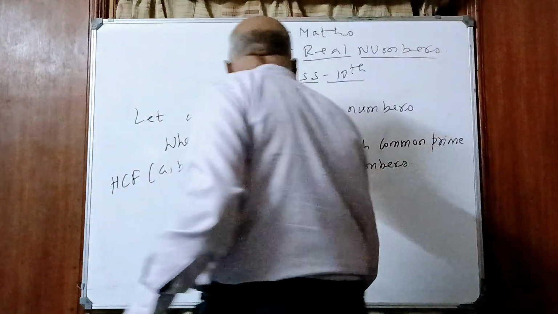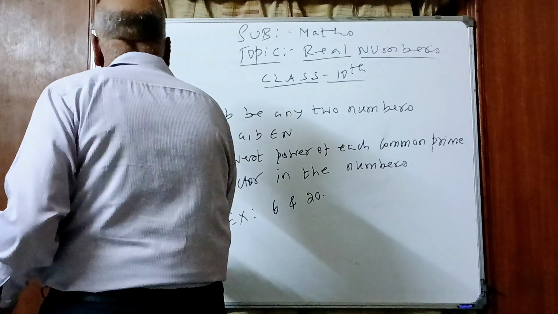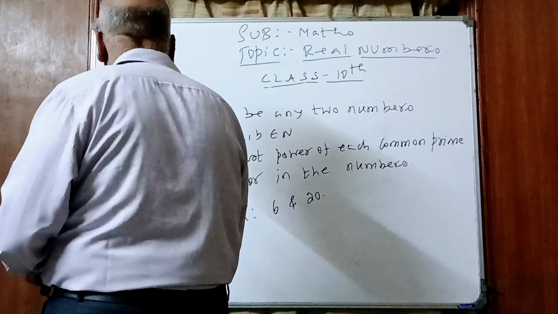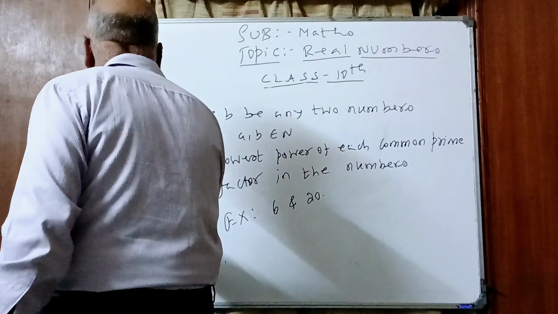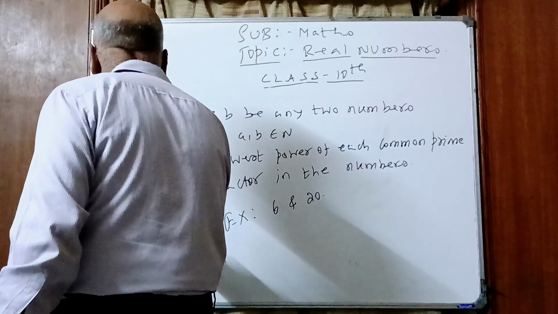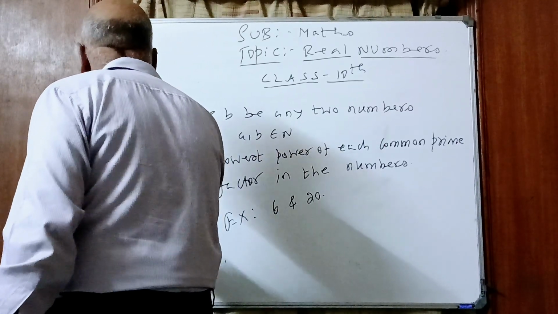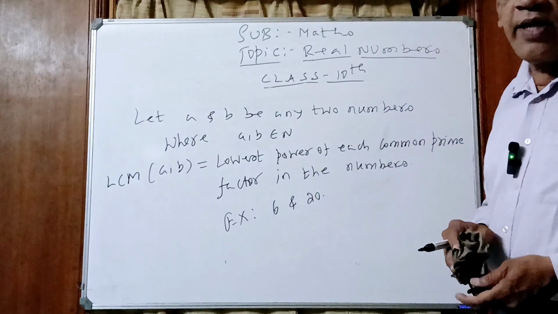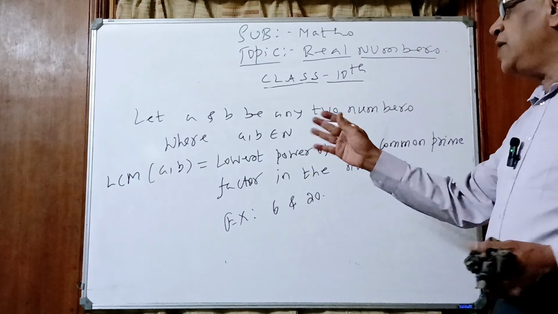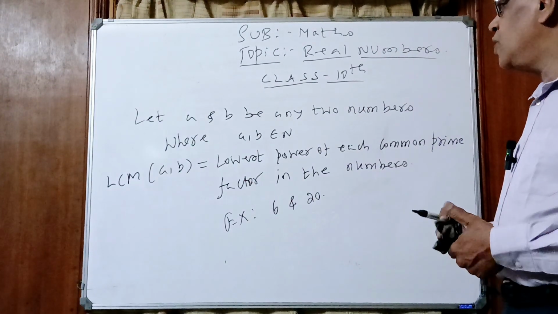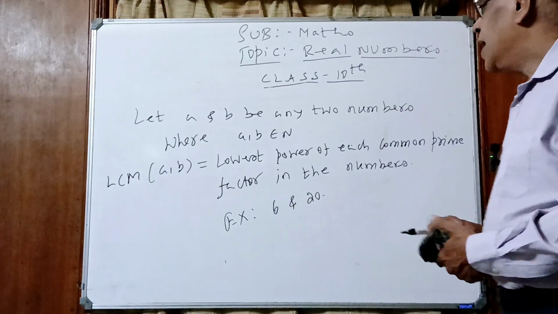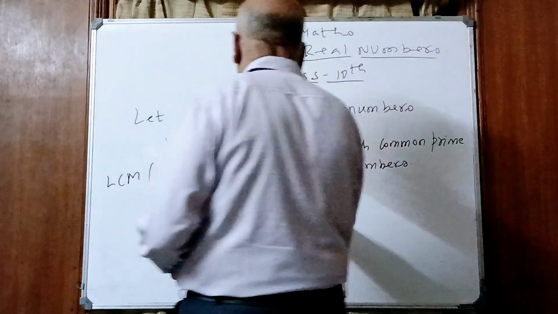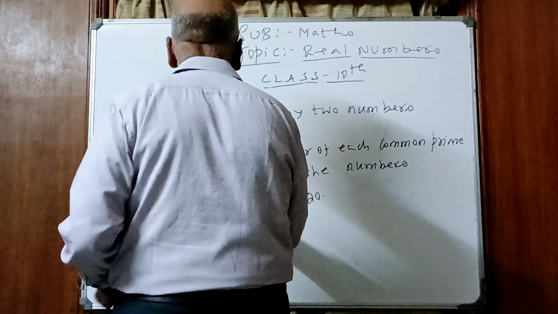Then, HCF of A comma B. What is the HCF of A comma B? Lowest power of each common prime factor in the numbers. Similarly, what is the LCM of two numbers A and B?